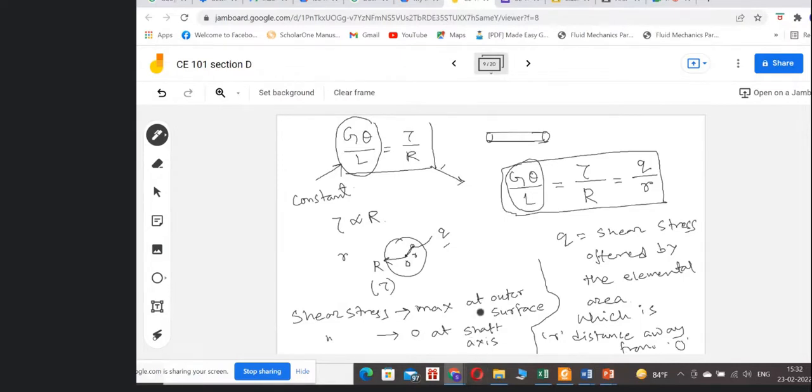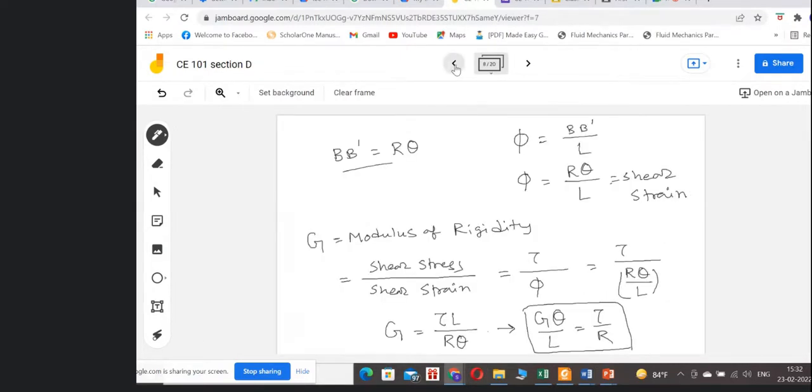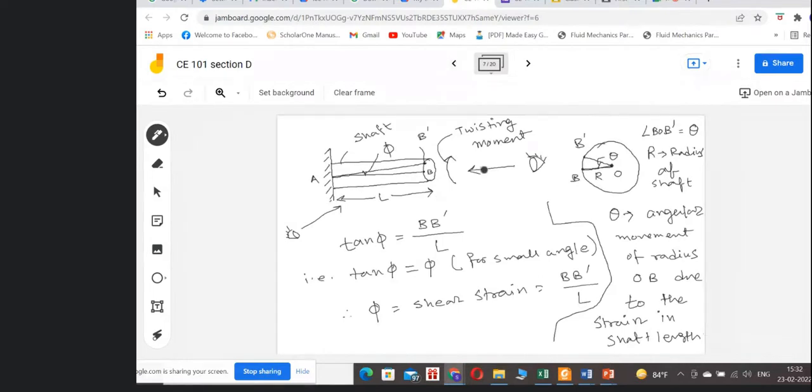You understand the shaft axis? If we look from this side, the central point of this circular cross section, that is O, represents the shaft axis, which is in the horizontal direction.